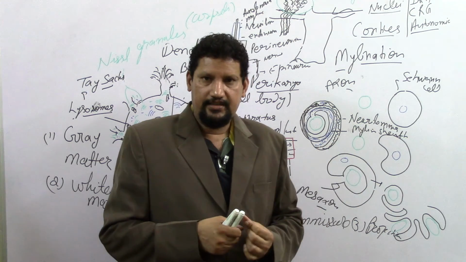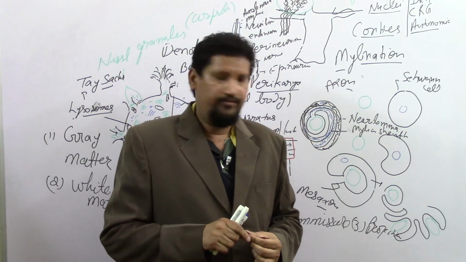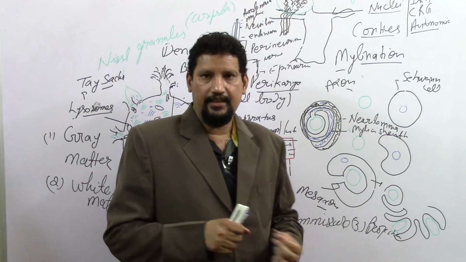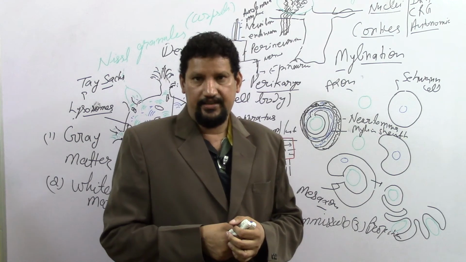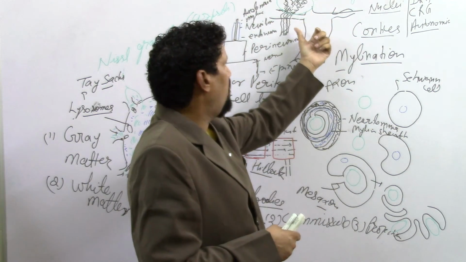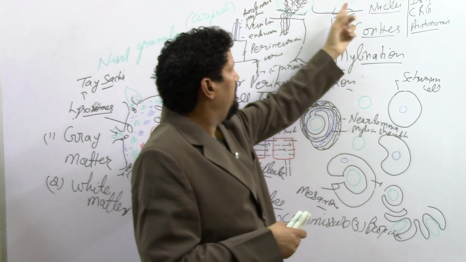What is saltatory conduction and how it speeds the conduction of impulse in the nerve or tract, and what is gray matter and what is white matter, what is ganglia, what is nuclei.